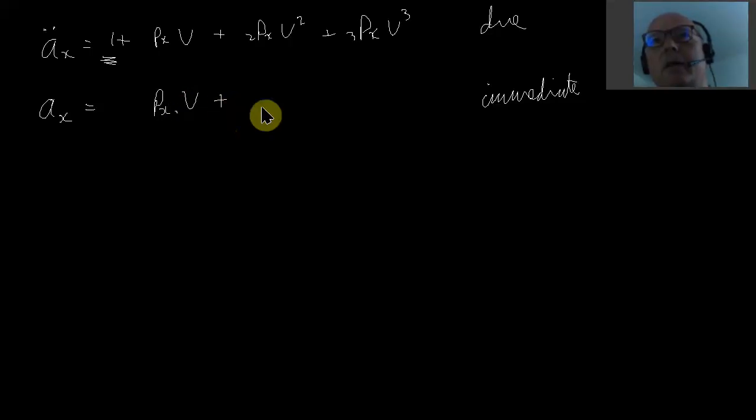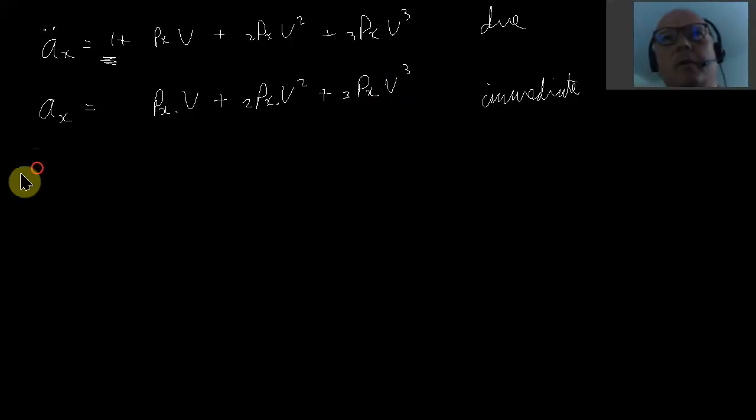The chance you get a second benefit is 2px times v squared for the value. So the relationship between a_x immediate and ä_x due is very, very simple. ä_x due is equal to a_x immediate plus 1. Okay, so that's the first thing we need to think about.